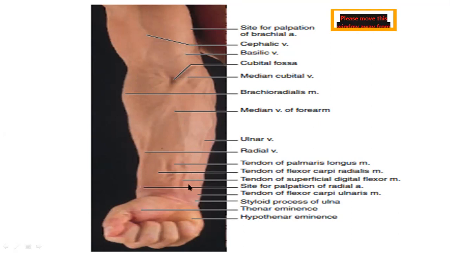Flexor carpi ulnaris towards the ulnar side. Radial artery we can palpate here, if you remember, where we have the anatomical snuff box. This is the little finger, hence we will find the lower end of the ulna bone, which is the medial bone. So lower end of the ulna will show styloid process.